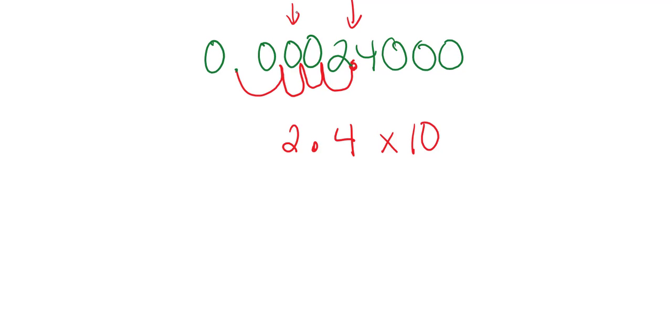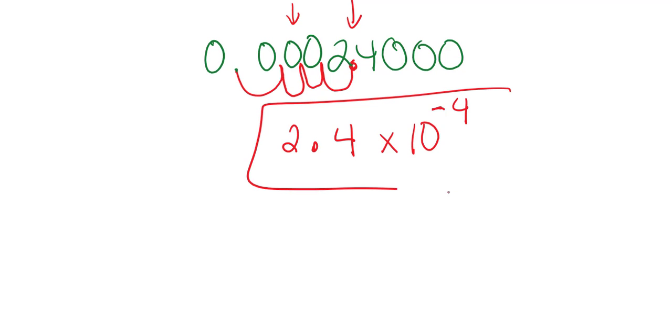We indicate that by a negative exponent as we move to the right. That tells us we have a small number. So how many times do we move it? It's 1, 2, 3, 4. So it's just -4, and that would be our solution here.